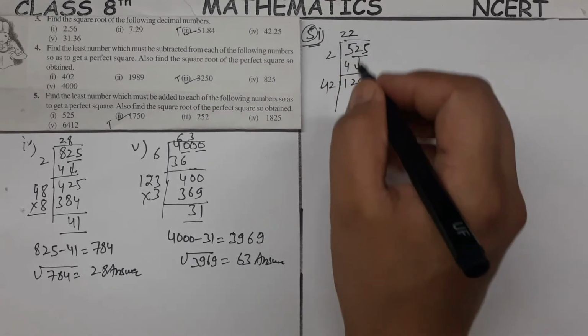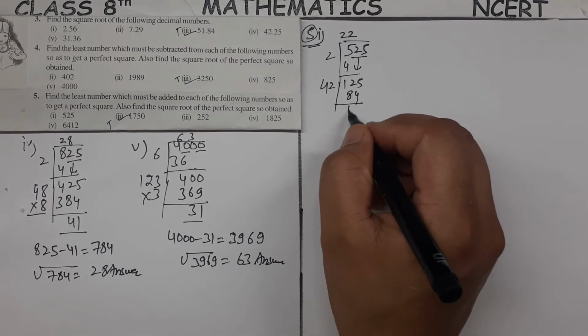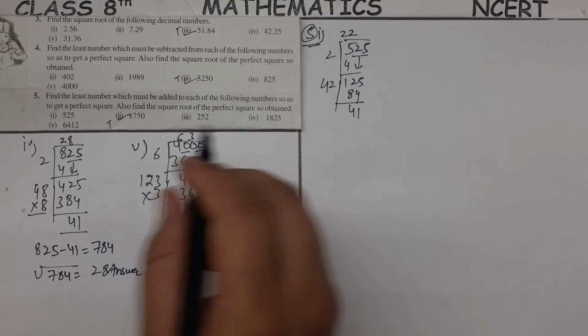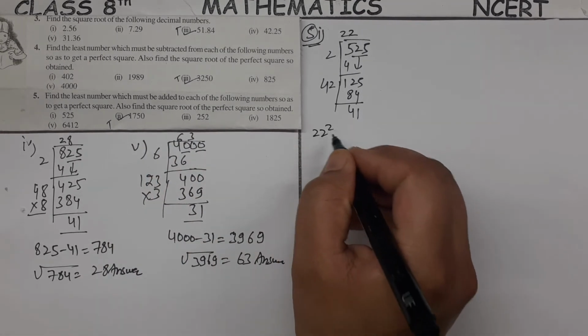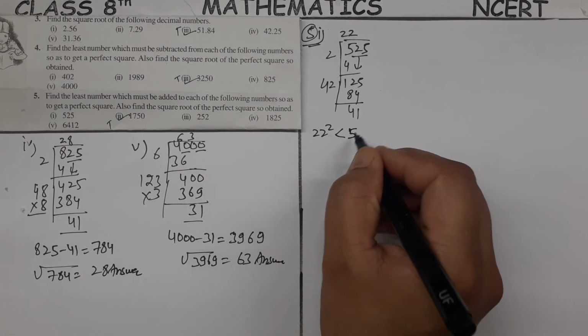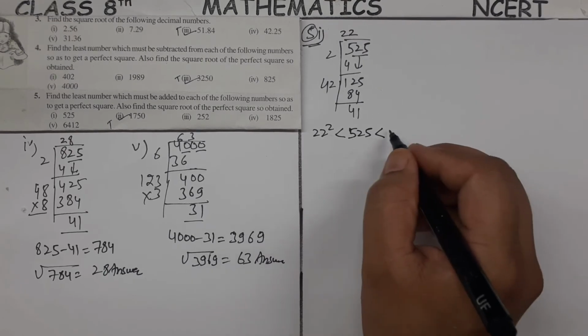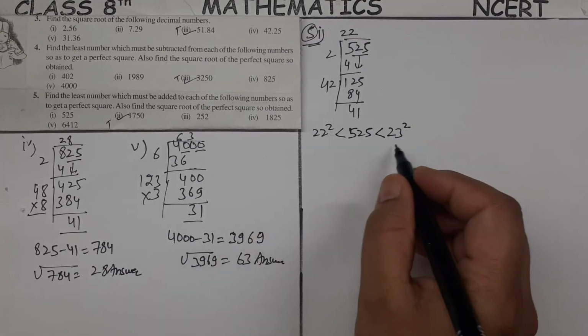See, remainder is 41. We have to add. So we will write here 22 square is less than 525, 525 is less than 23 square.